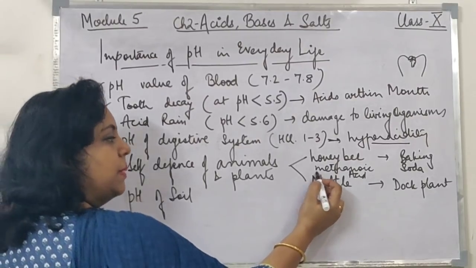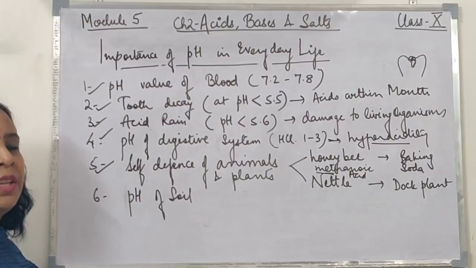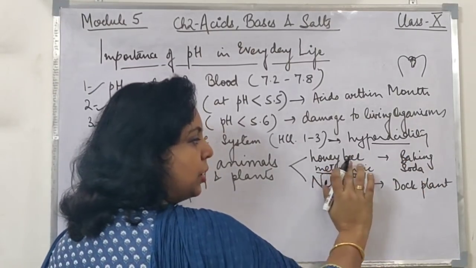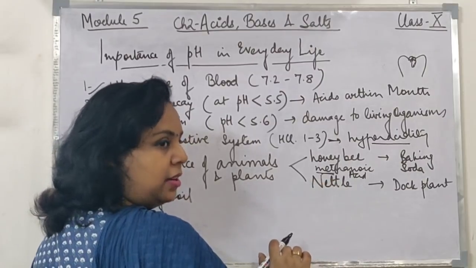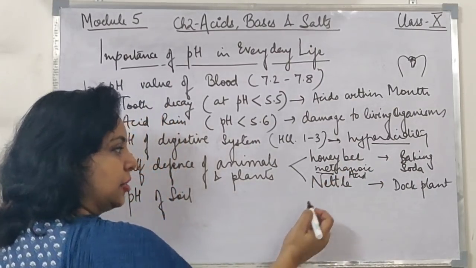Now the honeybee or the ant is doing this for self-defense. If you apply some baking soda over it, what happens? You get relieved. Again, it is an acid-base neutralization reaction.